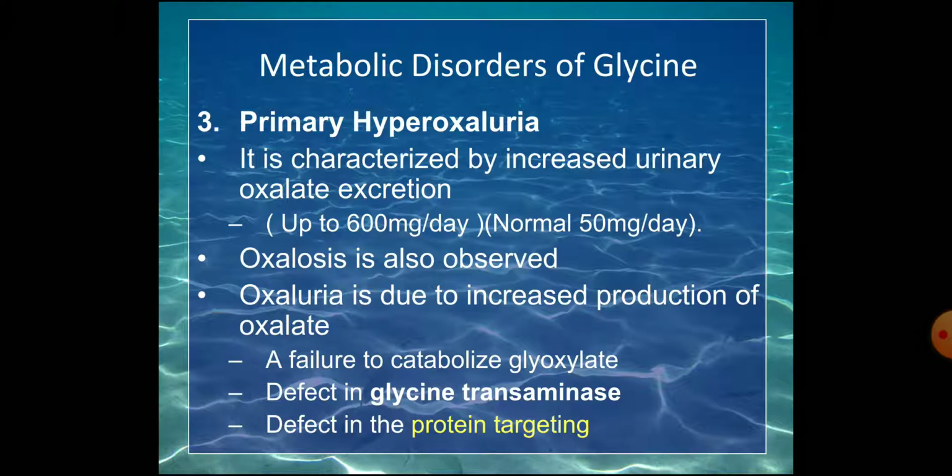If it is in the peroxisome, it will act regularly and produce glycine, and there is no excess production of oxalate. But it is taken to the mitochondria where it is inactive and cannot function, so instead of producing glycine, glyoxylate is oxidized to oxalate, producing oxaluria.